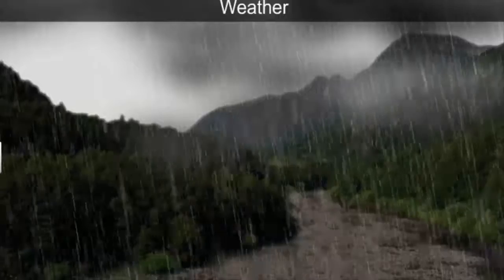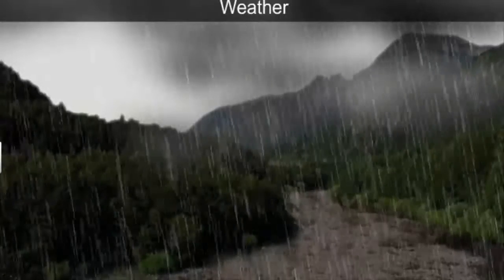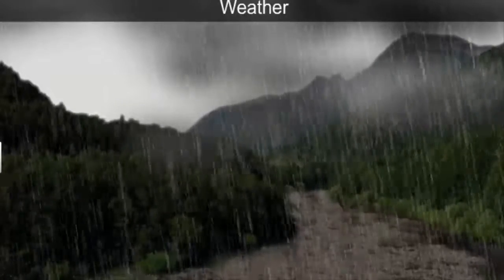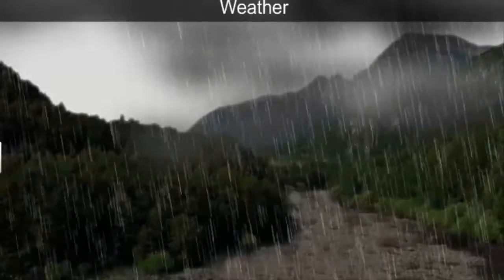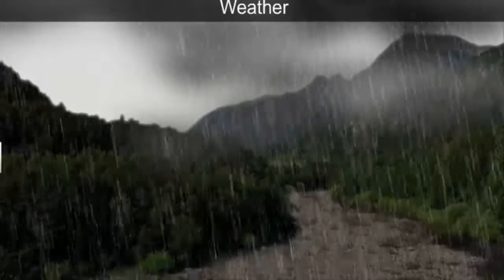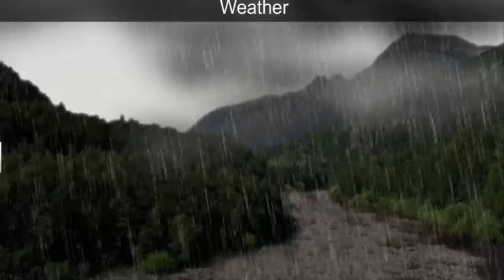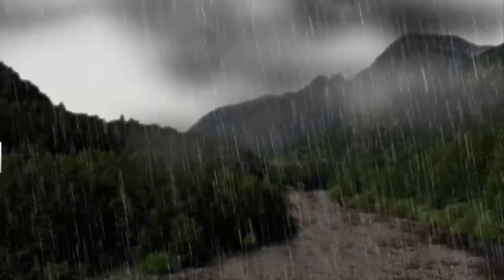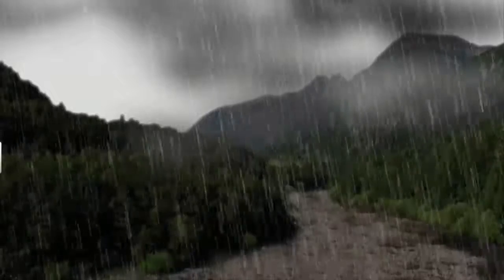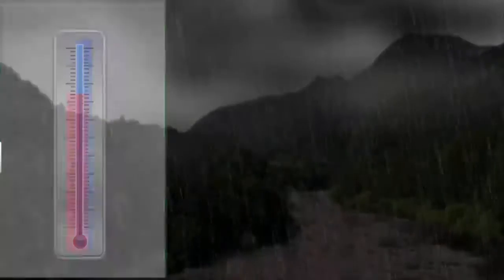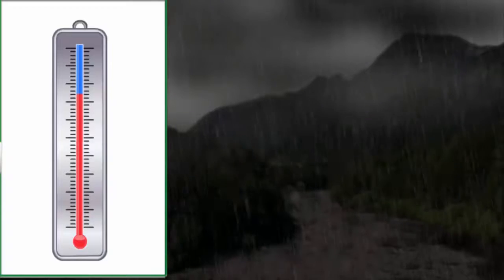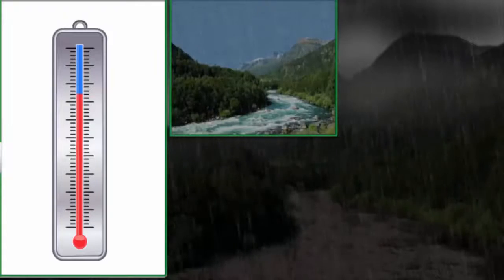Weather is the state of the atmosphere of a particular area at any point of time. Atmospheric conditions that describe the weather include elements like temperature, precipitation, pressure, wind, and humidity.